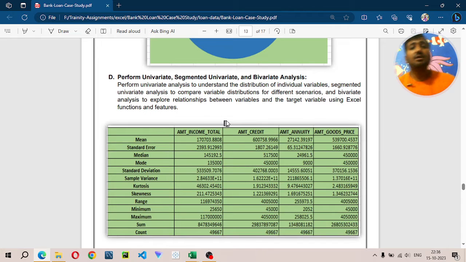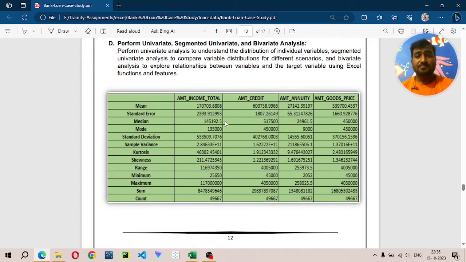Now coming to the univariate, segmented univariate and bivariate analysis. This table shows the univariate analysis of total income, amount of credit, amount annuity, and goods price. This is the statistical description.